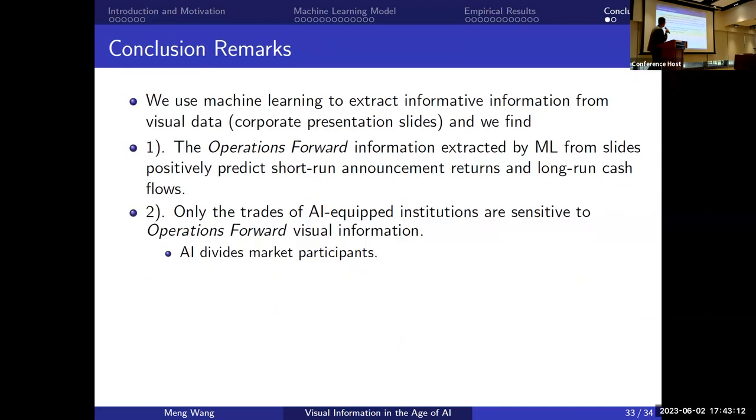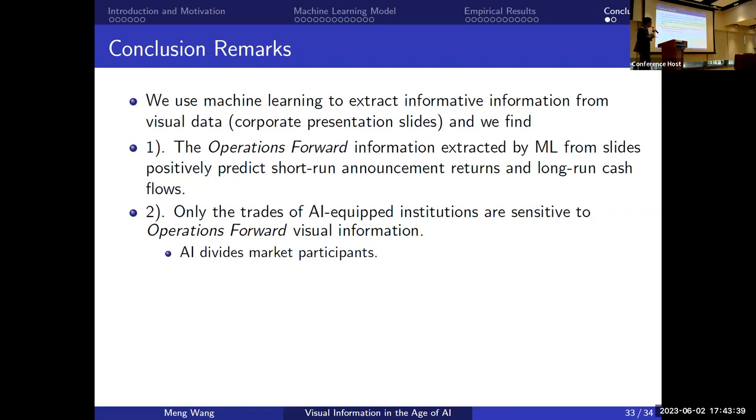To conclude, in this paper, we use machine learning to extract informative information from visual data. More precisely, we extract information from corporate presentation slides. We find first that the operations forward information extracted by machine learning from slides positively predicts short-run monthly returns and long-run cash flows.